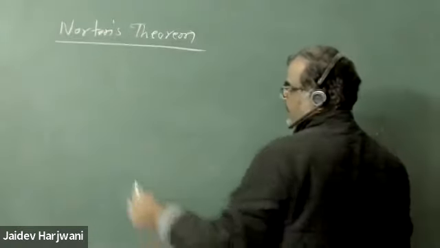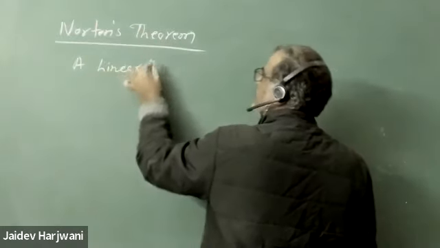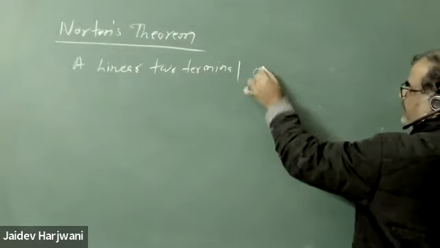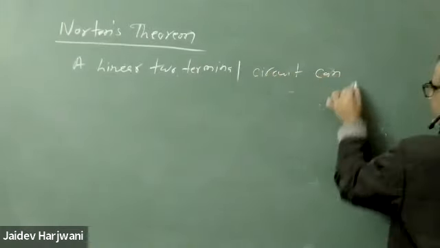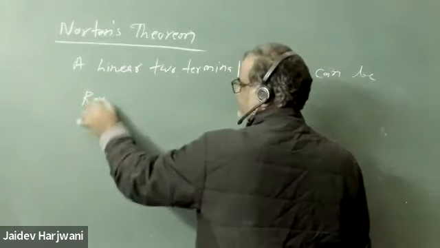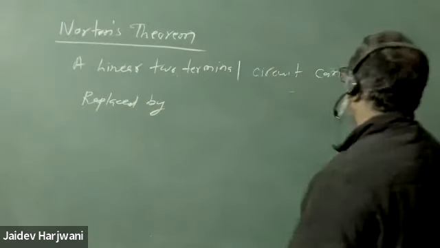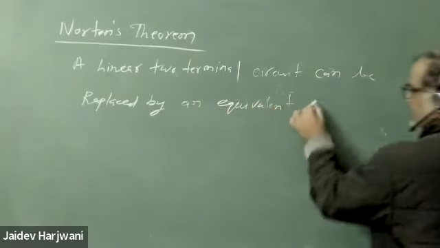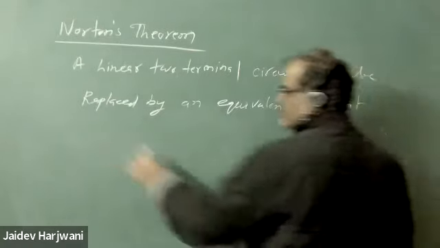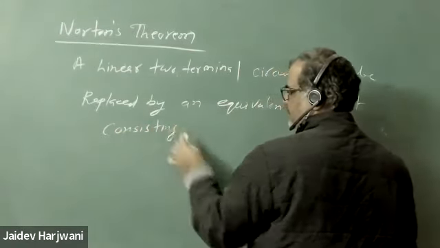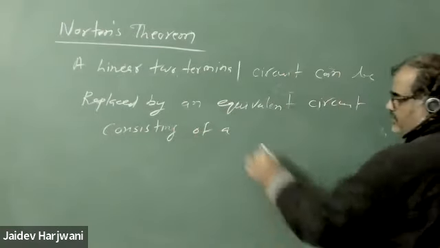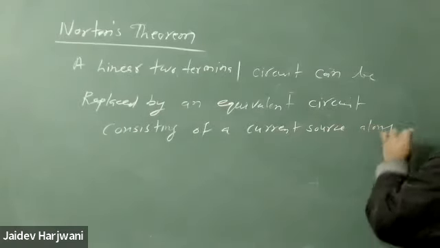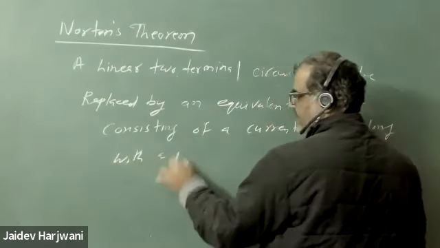Norton theorem says that a linear two-terminal network or circuit can be replaced by an equivalent circuit consisting of a current source, along with a parallel resistance.